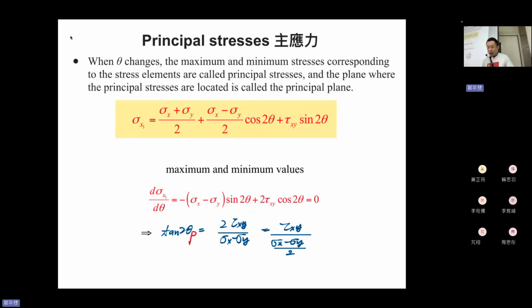So this is the key that I introduced yesterday. And then we talked about the principal stress. Principal stress means the maximum or minimum normal stress. We want to find the maxima and minima of the formula, which means differentiating with respect to theta and setting it to 0. And the solution is this one. Whenever theta satisfies this equation, that theta_p surface will give you the maximum or minimum stress.